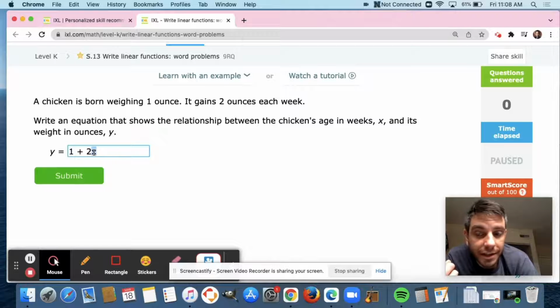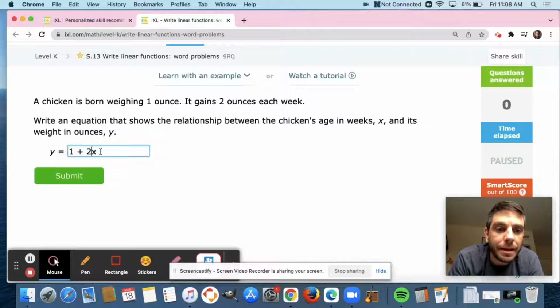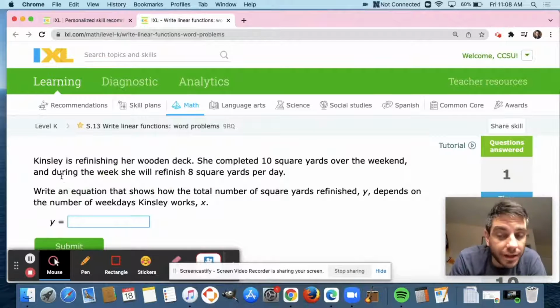As every week goes by, we would time whatever week it is. After 1 week, the changeable letter X would be 1. After 2 weeks, the changeable letter X would be 2. However many weeks are going on, you would multiply that week number times 2, because it goes 2 ounces each week, and then add the starting weight of the chicken. That's what we're doing in this type of question. We're not solving anything.